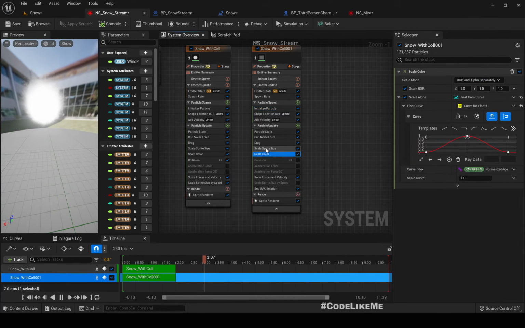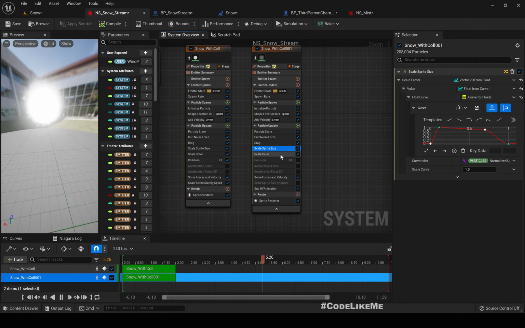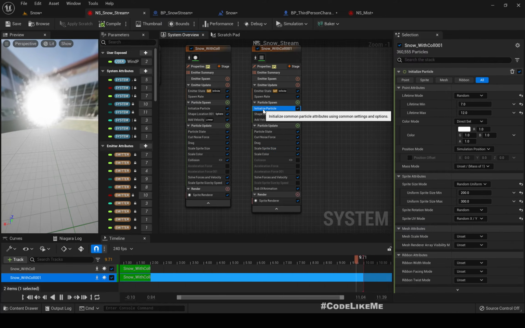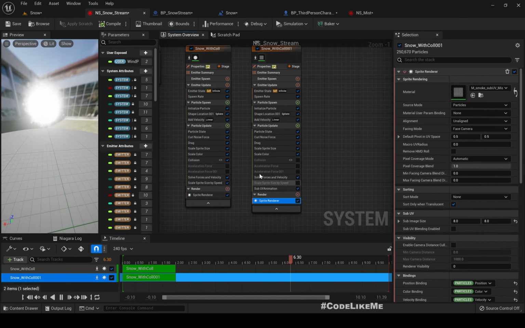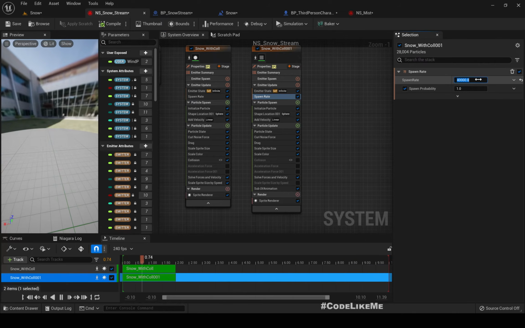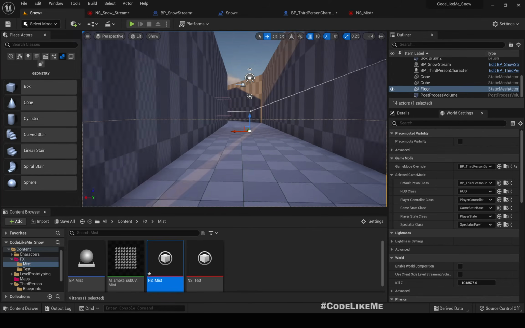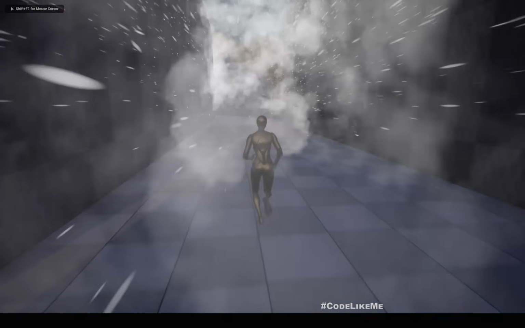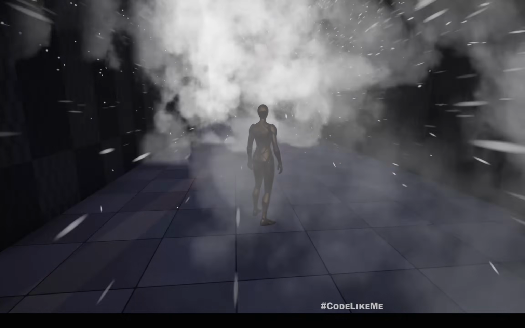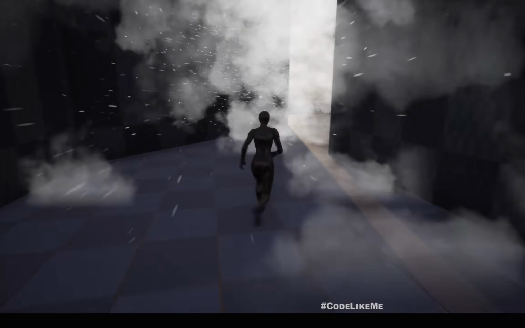Okay, scale sprite size, do we need this? Spawn rate, maybe not this much, like 2000 should be enough. Let's try this and see how it looks.